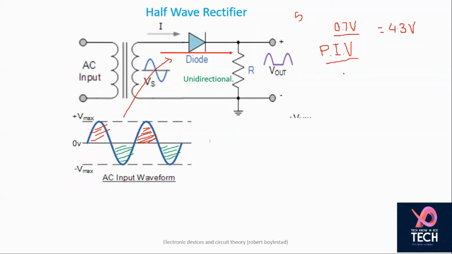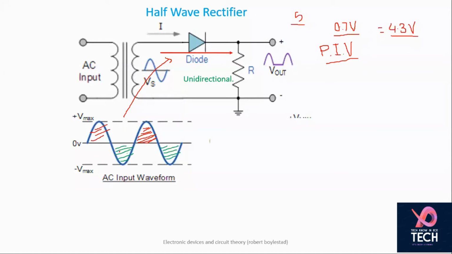So once again, I repeat the entire procedure. Your AC consists of two cycles, positive and negative. When positive is being applied, your diode gets forward biased, and it provides you the output for the positive cycle. The output is input minus 0.7. Let's assume you are providing 5 volts. At the output you are getting 0.7 volts less, so 4.3 volts.